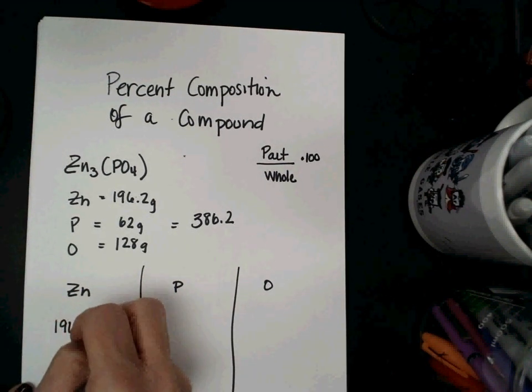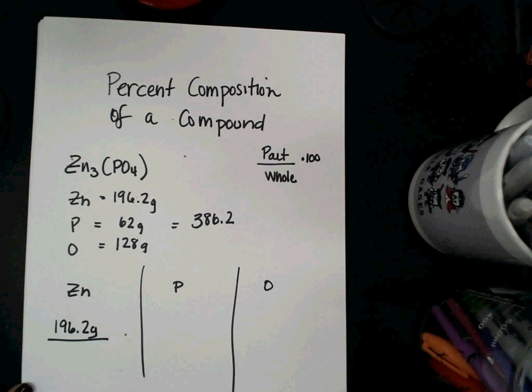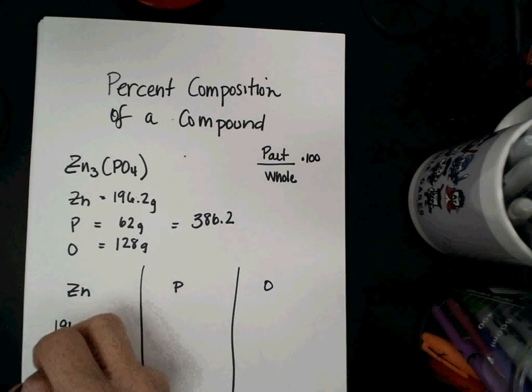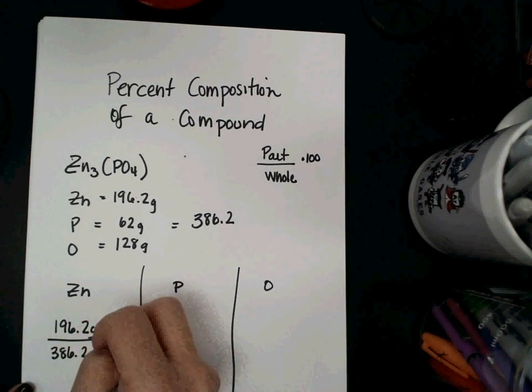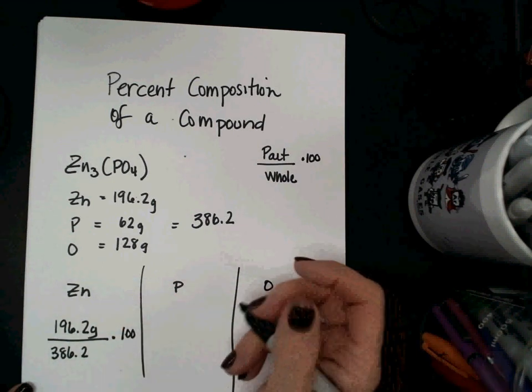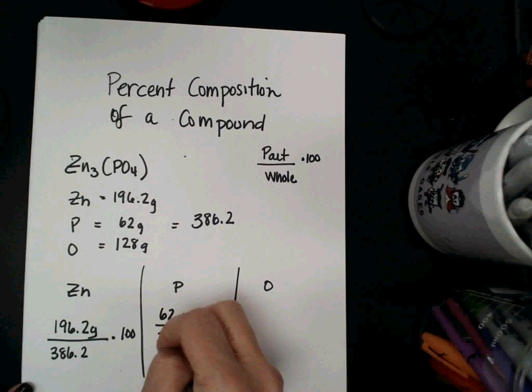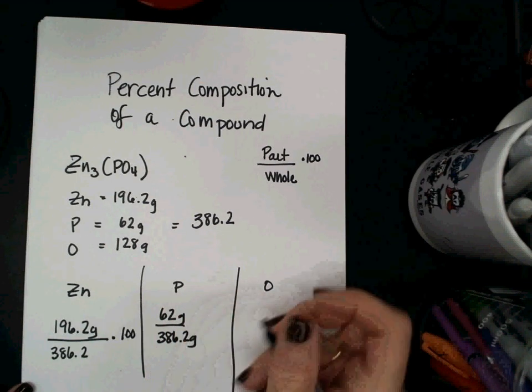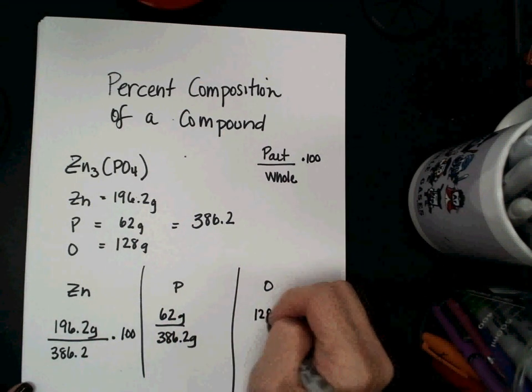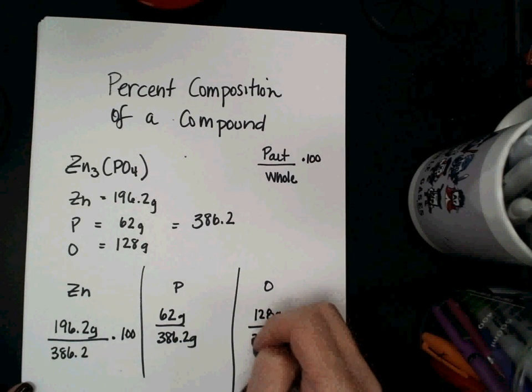So I'm going to take my zinc, which was 196.2 grams, and I'm going to divide it by 386.2, and then multiply by 100. So we have to do that for each piece. And I would expect to see it written out like this.